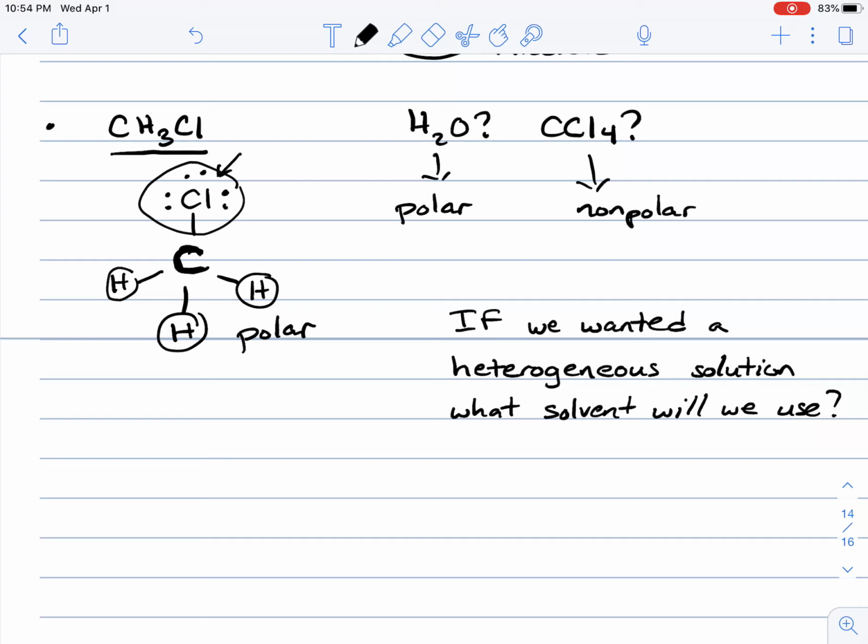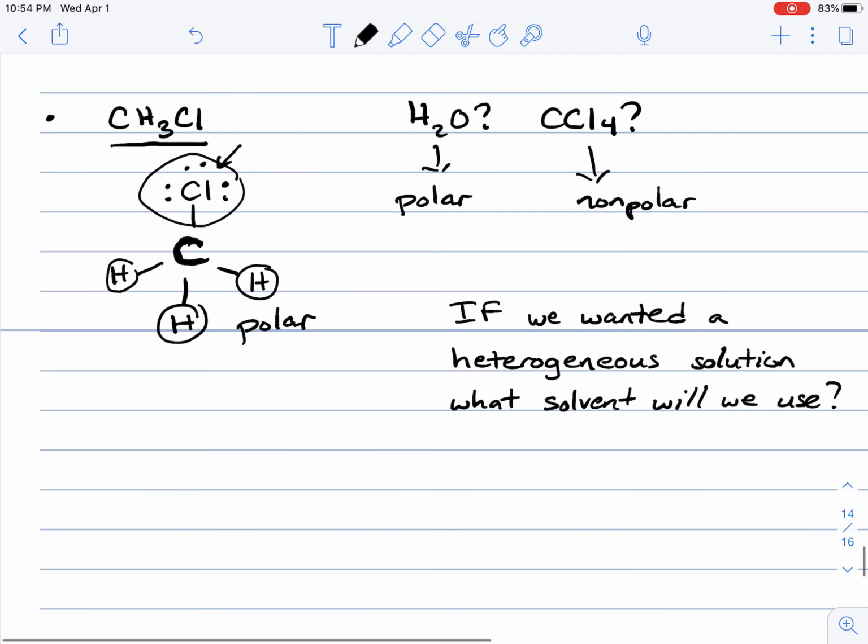If we wanted to make a heterogeneous solution, what solvent will we use if we have these 3 compounds?